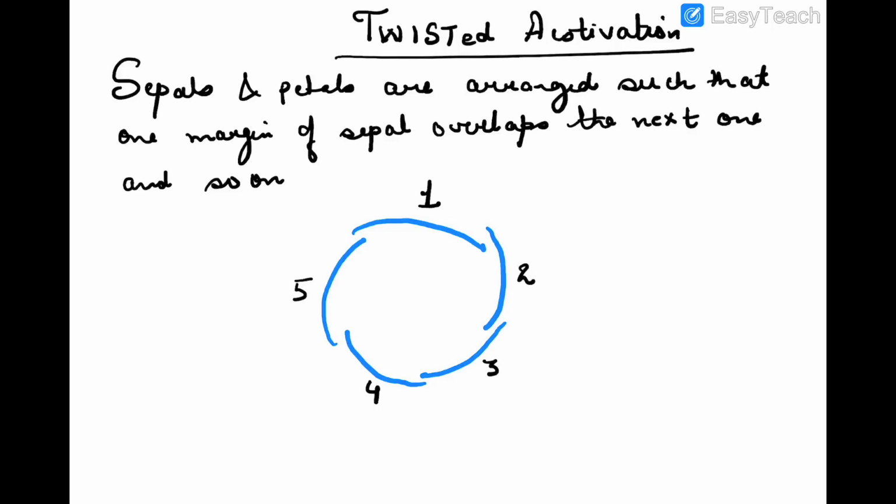As you can see, the first sepal is being overlapped by the second, the second is overlapped by the third, the third by the fourth, and the fourth by the fifth. So in this, one margin of sepal is overlapping the next one and so on. This type of estivation is known as twisted estivation.